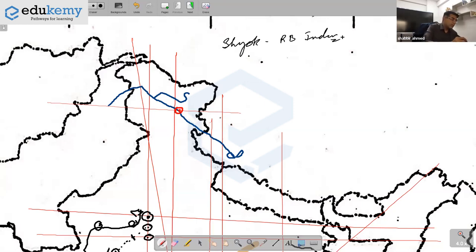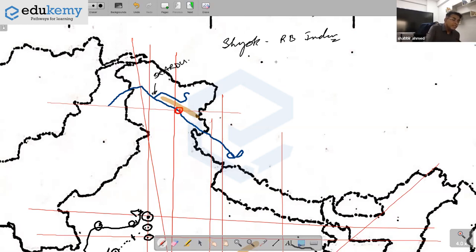And Shyok, ये जो mountain range है, you remember this mountain range? This mountain range बीच में है. This is the Ladakh range. Ladakh range is the divide between Shyok and the main Indus. और ये जगह जो है, this place here, this is a place called Skardu.